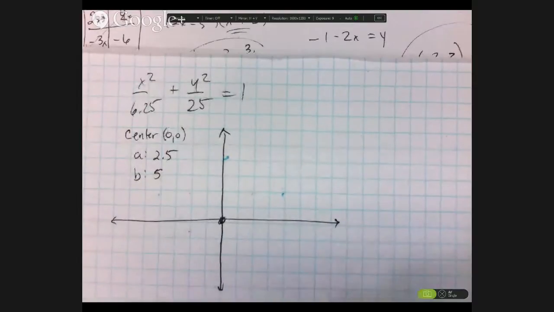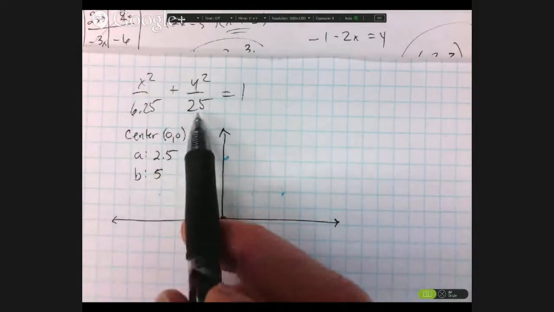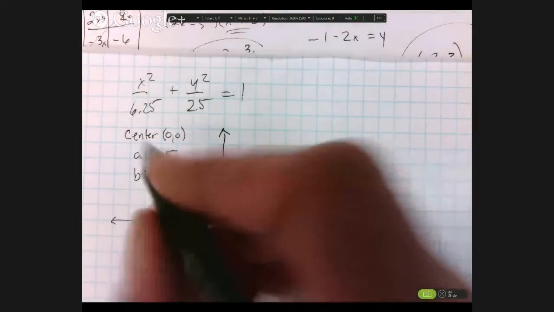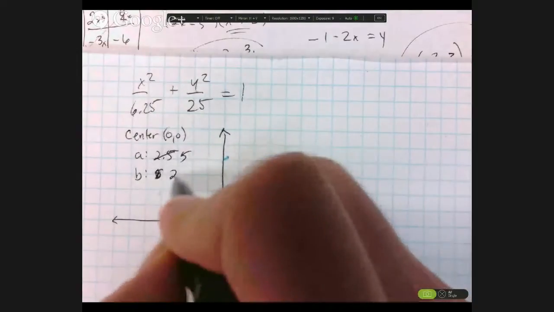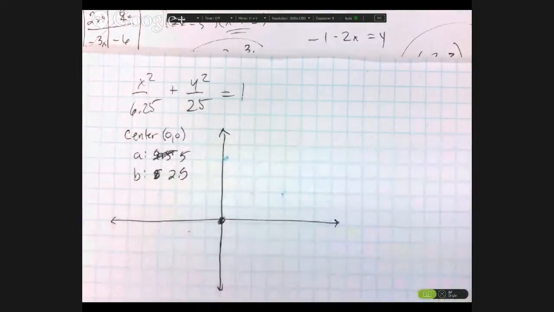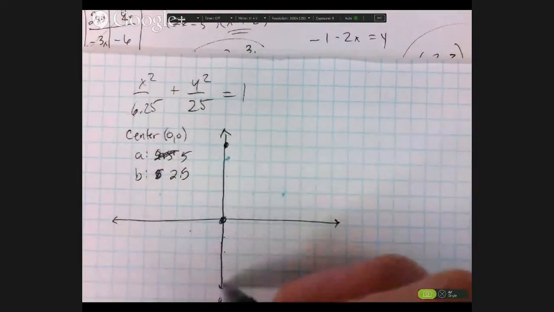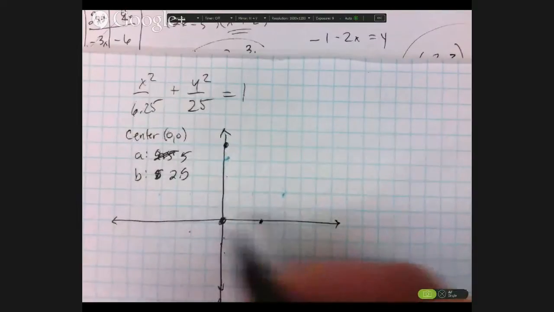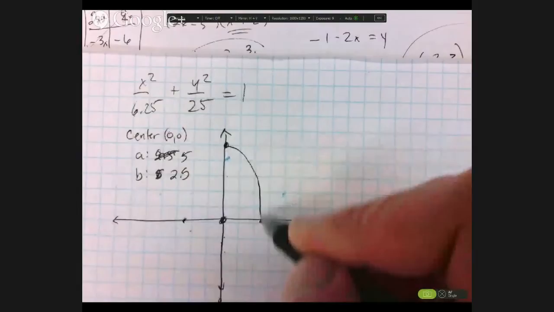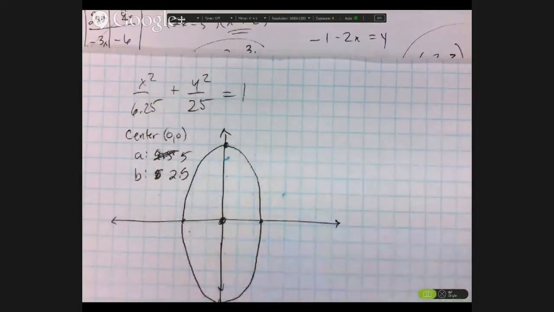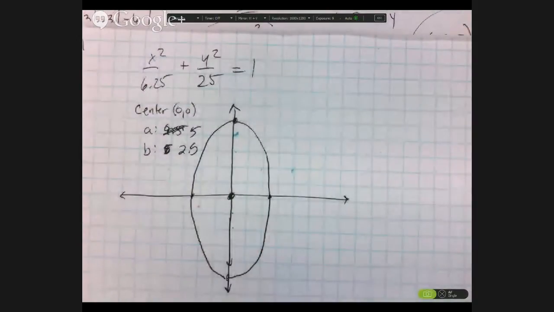Bigger number goes with the y, so it's vertical. Sorry, then we should switch these, because that would be A squared. But anyway, 1, 2, 3, 4, 5. And these are the vertices. So ellipse, very easy to graph. All you need is A and B. Bam, done.